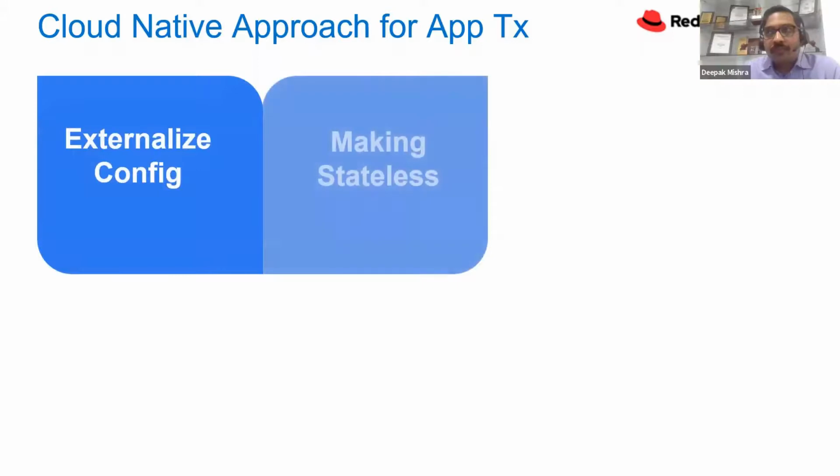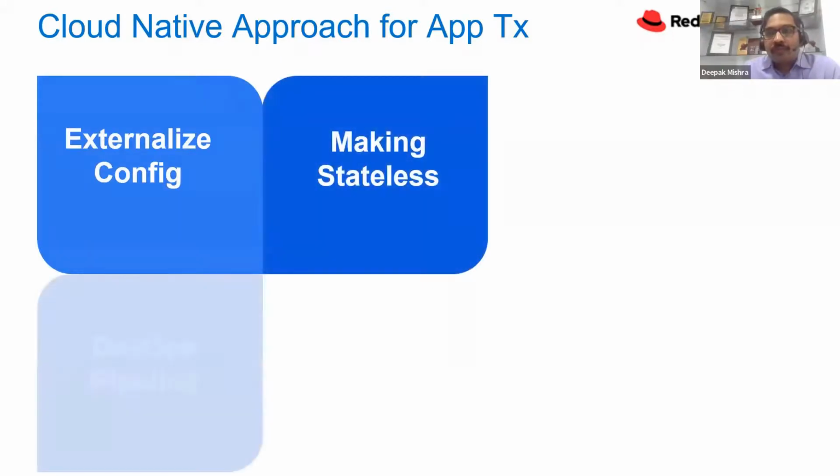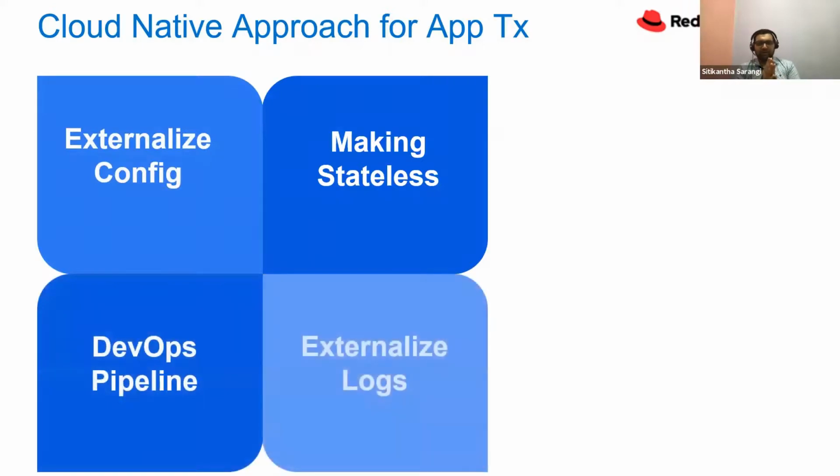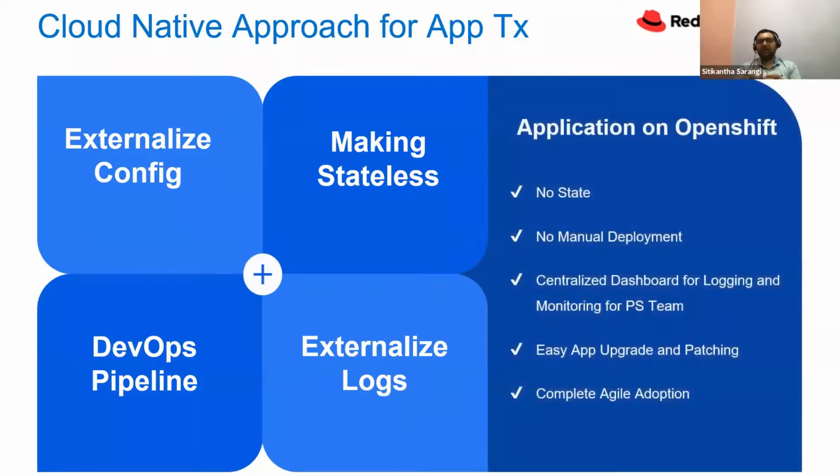So when we talk about the transformation of application and running it on OpenShift, or the digital transformation, what exactly will your application look like after it is transformed and running on OpenShift, right? So first thing obviously is making your application free of all the configuration.